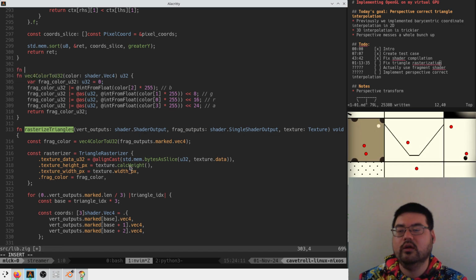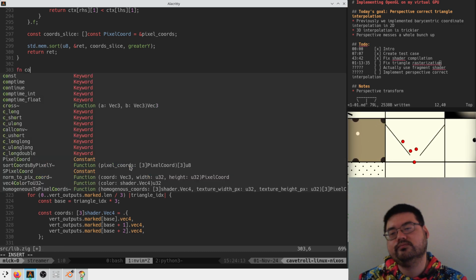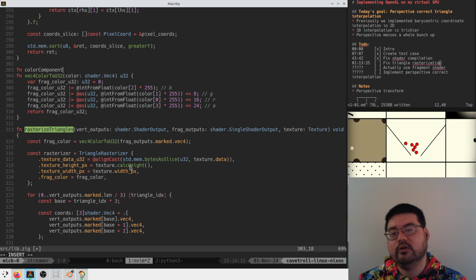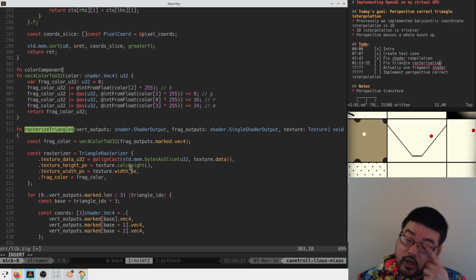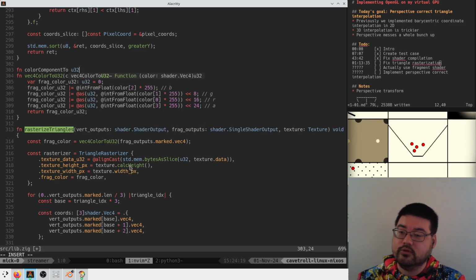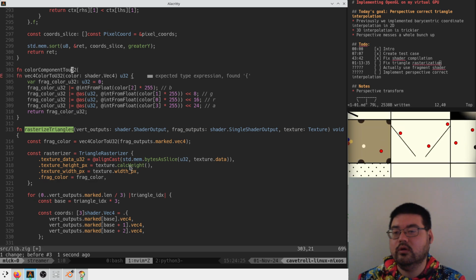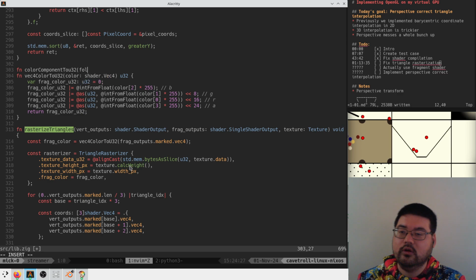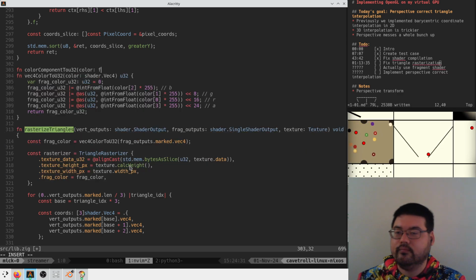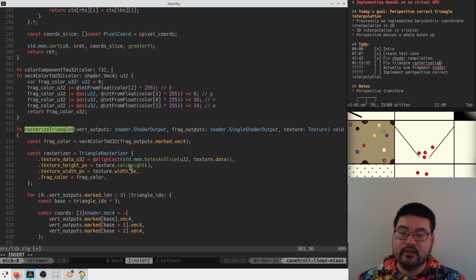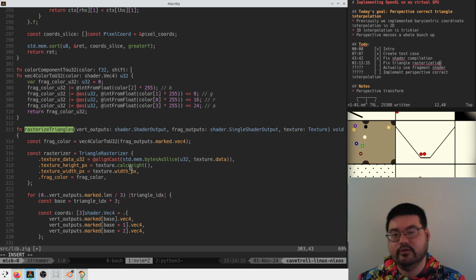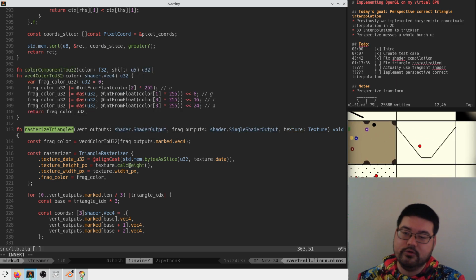So can we go like color component to U32, and we pass in maybe the shift value. So take in the color and the shift, returning U32.